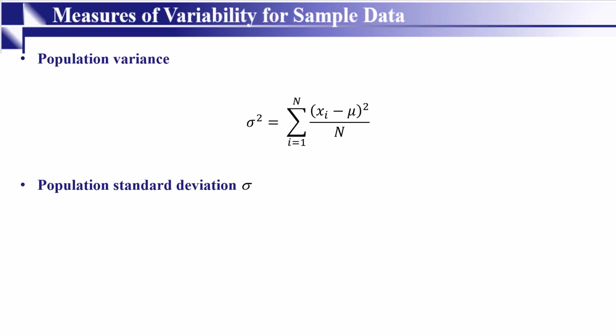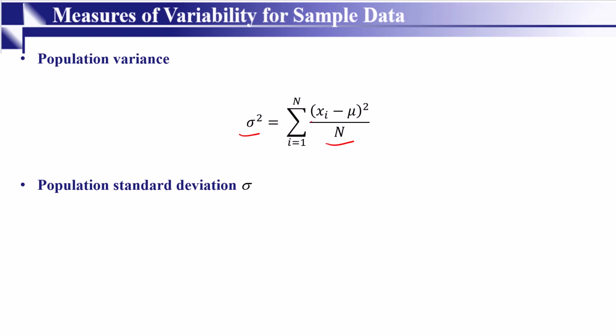So in the previous slide, we said sample variance. Sample means a sample of all the data that we have. If you want to go for all the data, in this case, we will consider the entire population. So we show it by sigma squared. The variance of population is shown by sigma squared, and it measures how much each data point in an entire population deviates from the population mean.